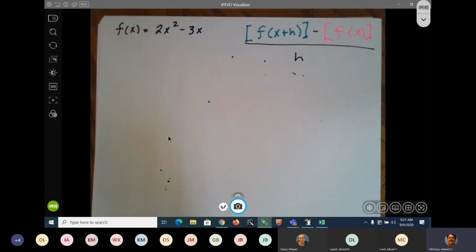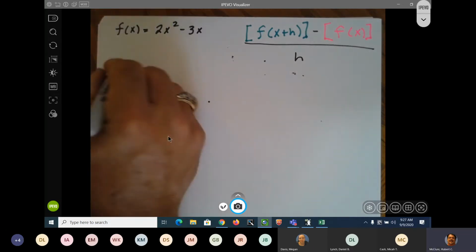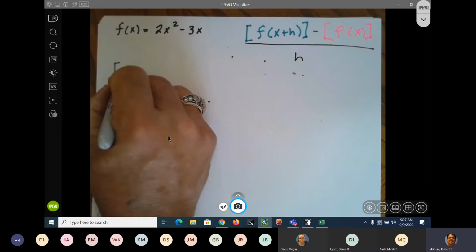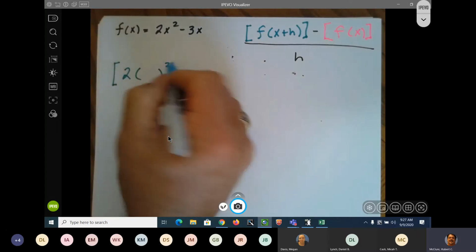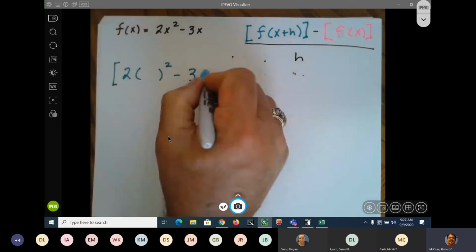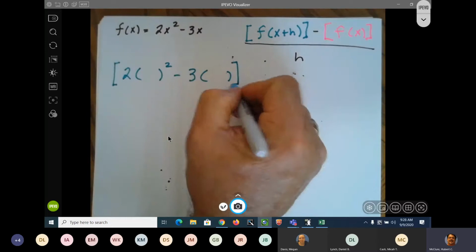And now what you're going to do is you're going to do what it says. So the blue says that I'm going to take f of x and rewrite it with a big set of parentheses. So 2 parentheses squared minus 3 times parentheses.